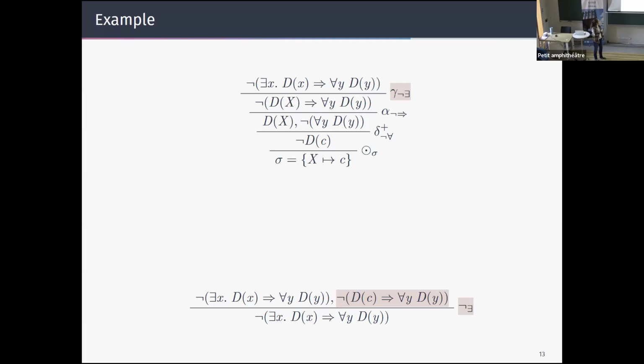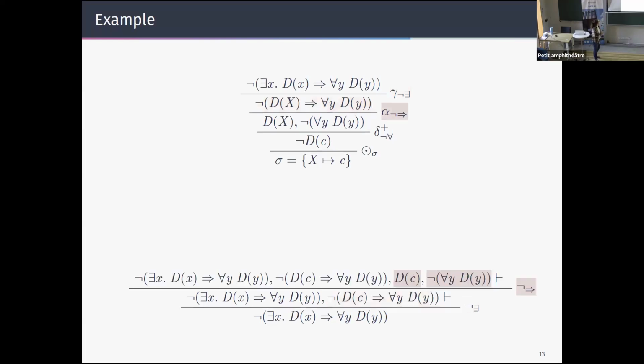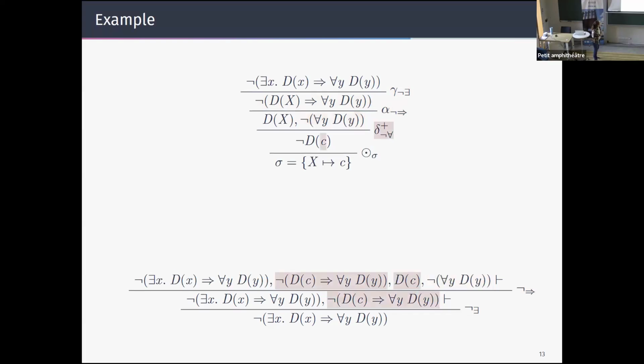I apply it like that, so no big X in the sequent, just the final value. I can do this. And then I continue. So here I take this formula, I apply an extension rule, I generate d of c, not for all y d of y. I continue, I take this formula, and here is the problematic rule.